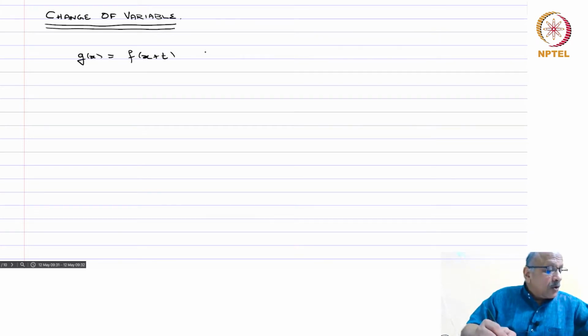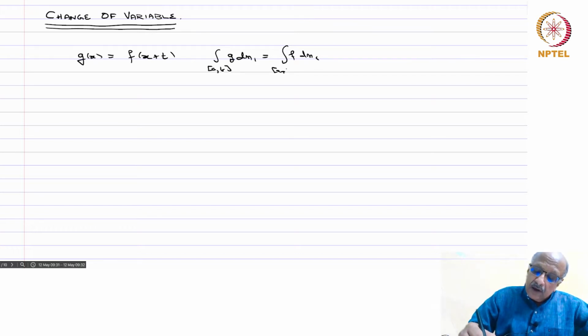Then you know that the integral over (a, b) of g dm1 is the same as the integral of f dm1, which we have done, over (a + t, b + t). So this is on the image.